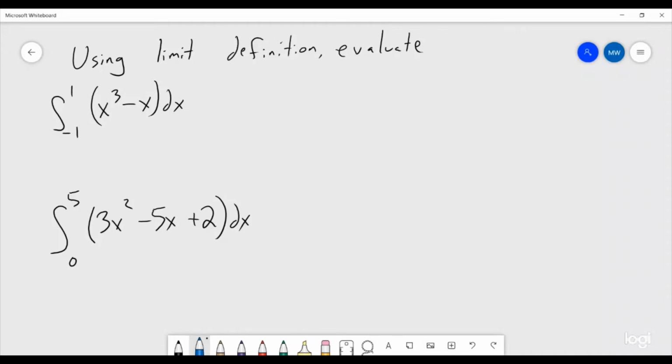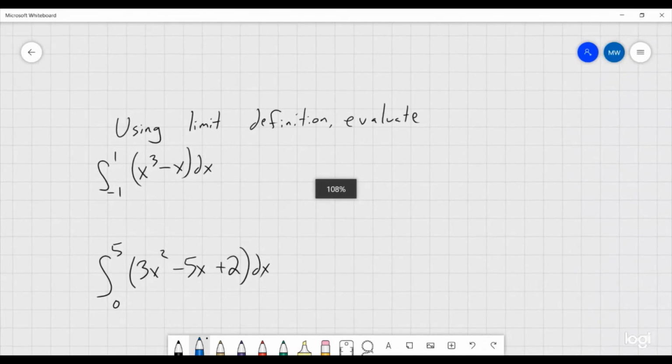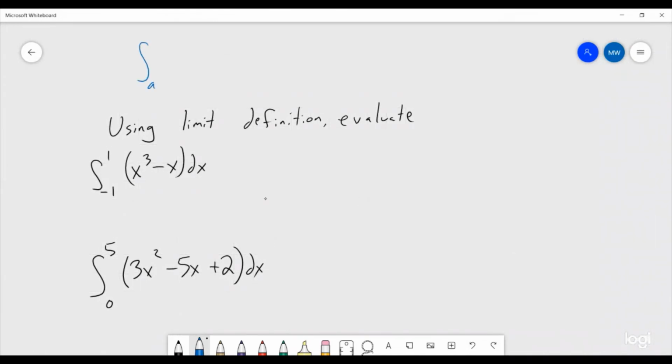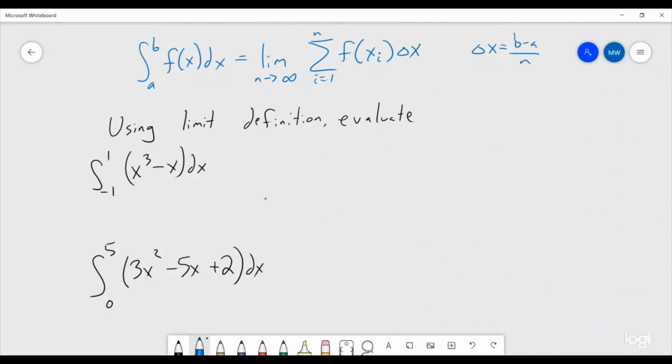So remember, the limit definition says that if we have the integral from a to b of f of x dx, this is defined to be the limit as n approaches infinity of the sum from i equals 1 to n of f of x sub i delta x, where delta x is equal to (b minus a) over n, and x sub i is equal to a plus i delta x. So let's just plug this in.